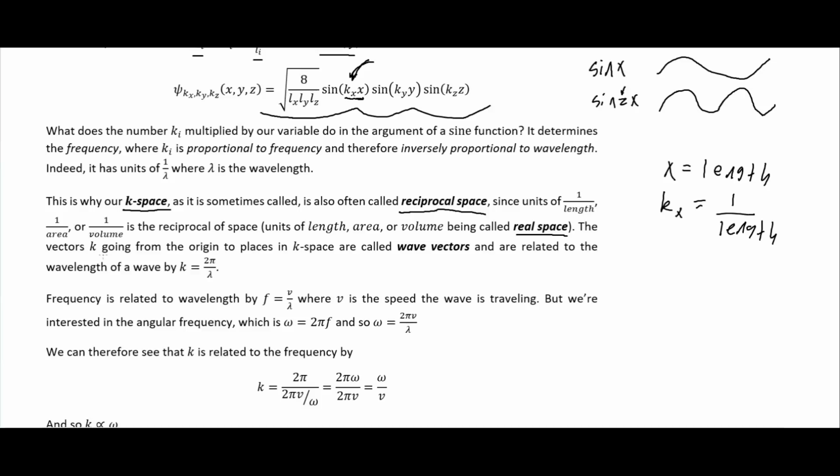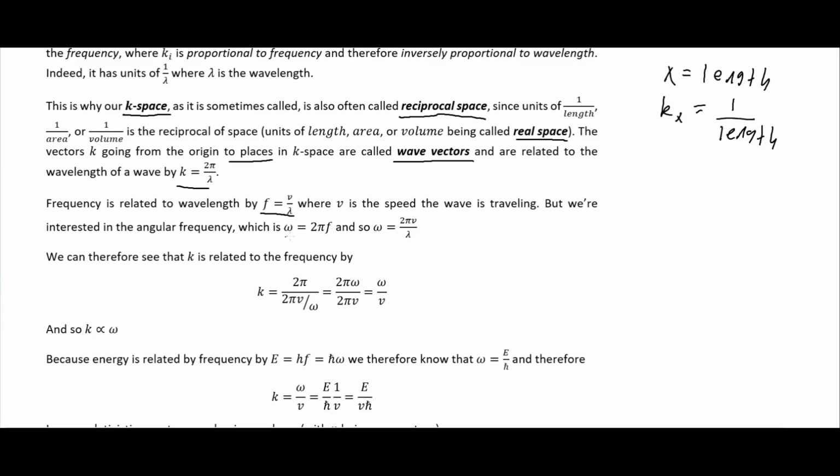And so the vectors k going from the origin to points in k-space are called wave vectors and are related to the wavelength by this. And so they are inversely proportional to the wavelength. And as we know, frequency is also inversely proportional to the wavelength. We then know that our k is proportional to our frequency.